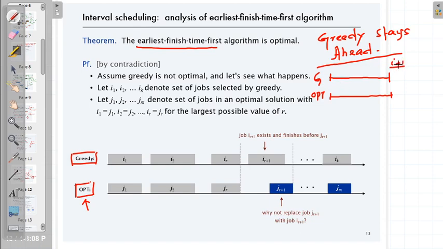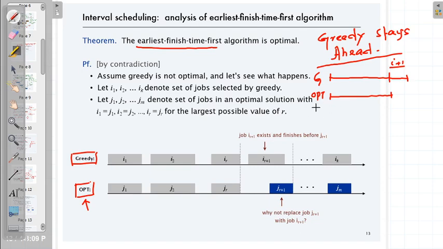iteration, what will be happening? According to the greedy algorithm, what will it choose? The greedy algorithm will choose a job which has the lowest finish time.